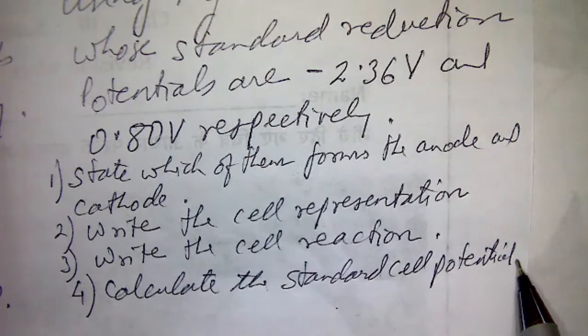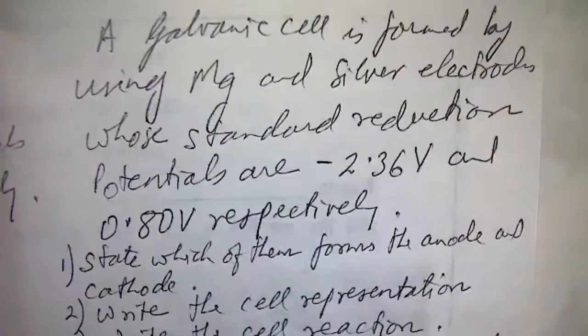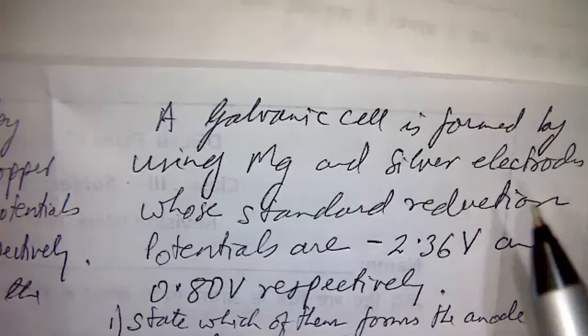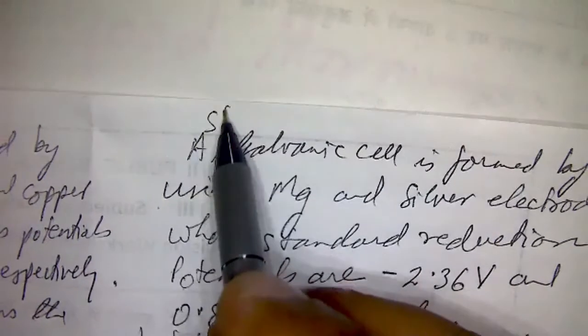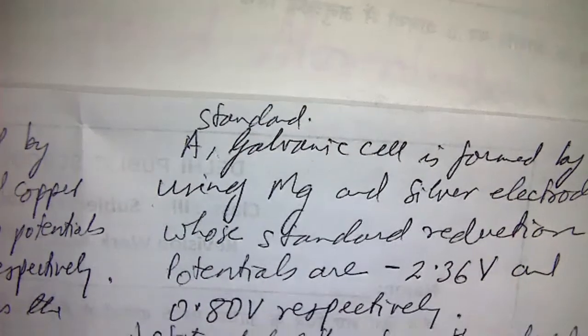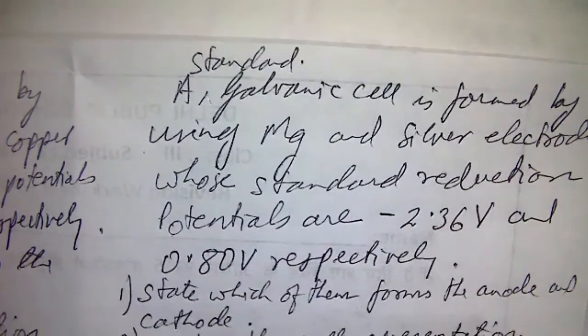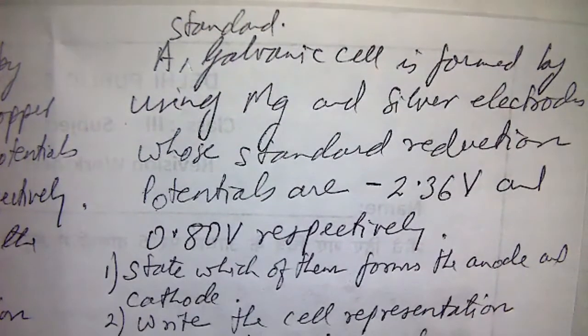Clear? Everything is given. I've given you a similar question before this only, so you can easily try it. You can just add one more word so that there's no confusion. A standard galvanic cell is formed by using magnesium and silver electrode.